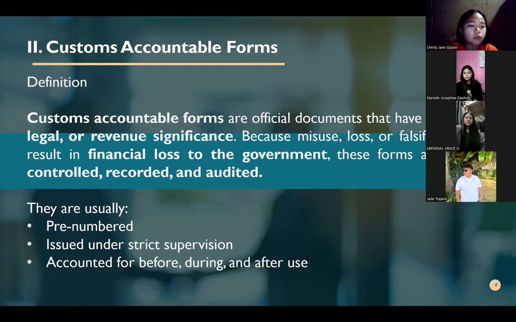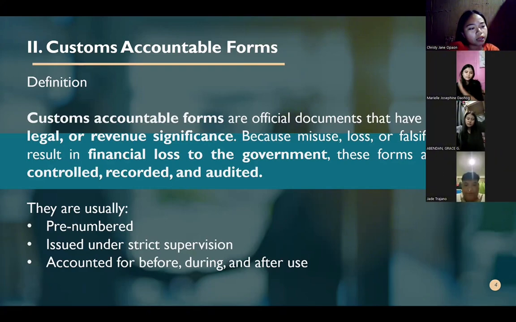So, ang customs accountable forms is mas sensitive ni siya kay it is all about sa money o revenue sa governments. Because of this, they are strictly controlled, recorded, and audited. So, usually, naka-pre-numbered na siya daan o ginabantay ang paggamit hangtod sa mahuman. Then, importante po ni siya kay para ma-prevent ang misuse, pagkawala or falsification nga maka-cause og financial loss sa government.